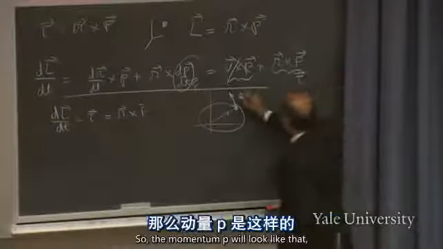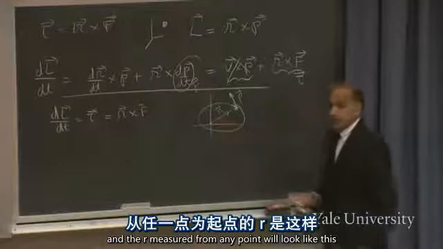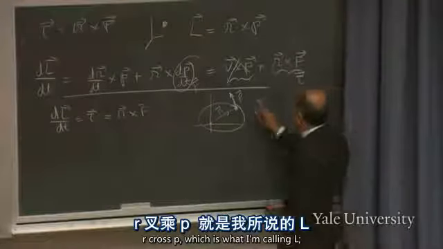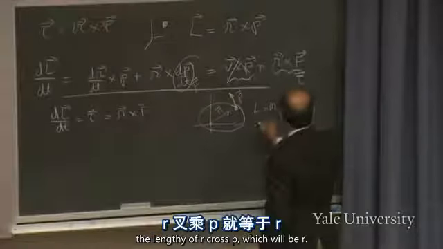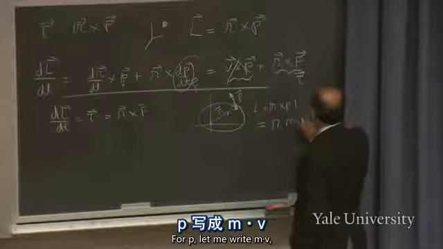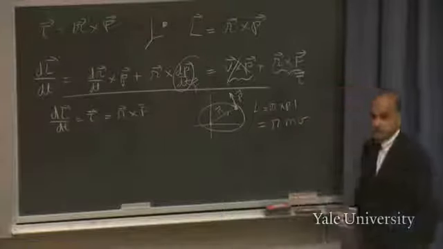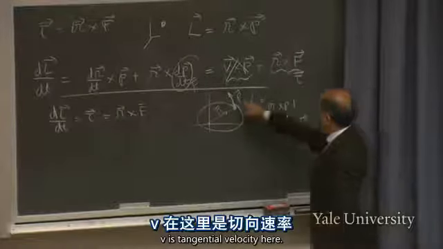So the momentum p will look like that, and the r measured from any point will look like this. The length of r cross p will be r times, for p, let me write mv. v is the tangential velocity here.